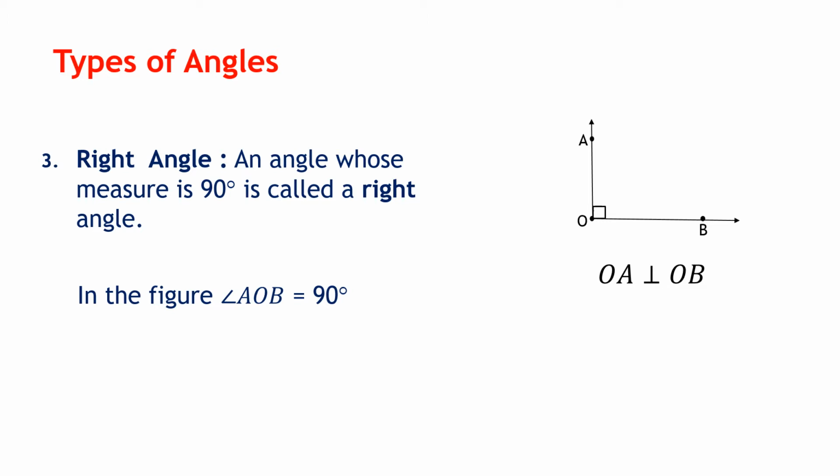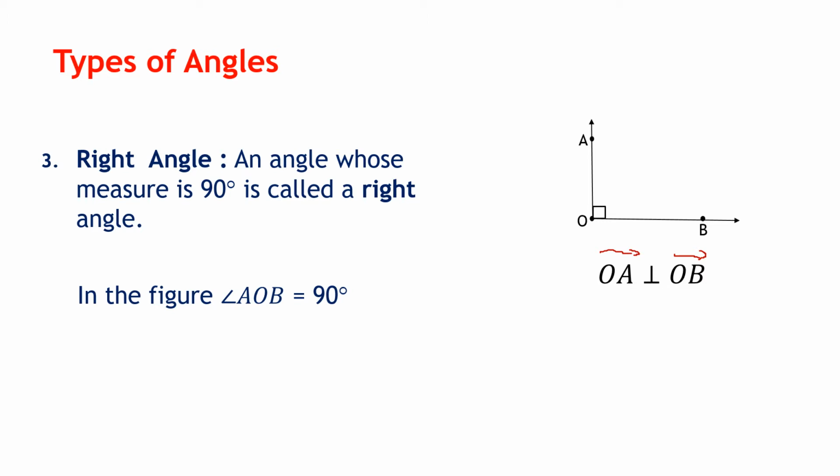Okay, I have made a mistake here. It should be ray OA is perpendicular to ray OB. When ray OA is perpendicular to ray OB, they have 90 degree. So this is a right angle.